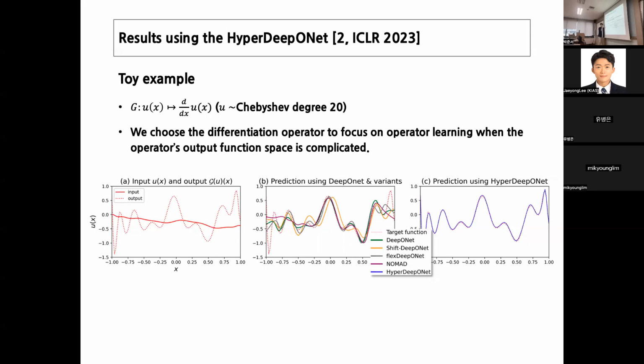Other models, DBONet and other variants, have a limitation in approximating this red dotted line using limited resources. However, our model can approximate this target function, the red dotted line, very well, as the third graph shows. Okay, thank you.